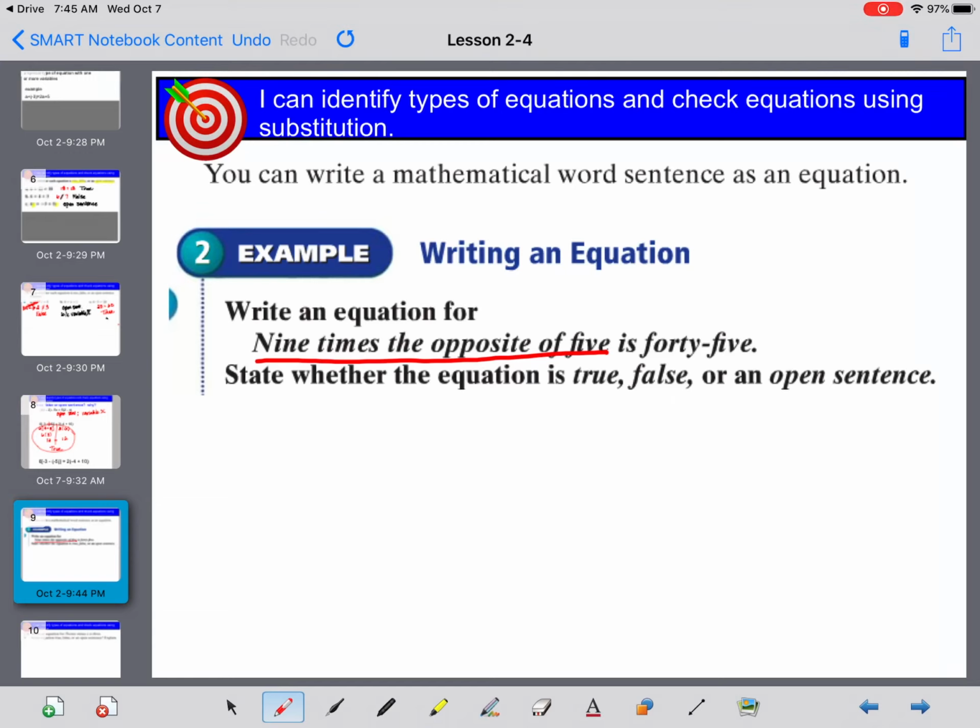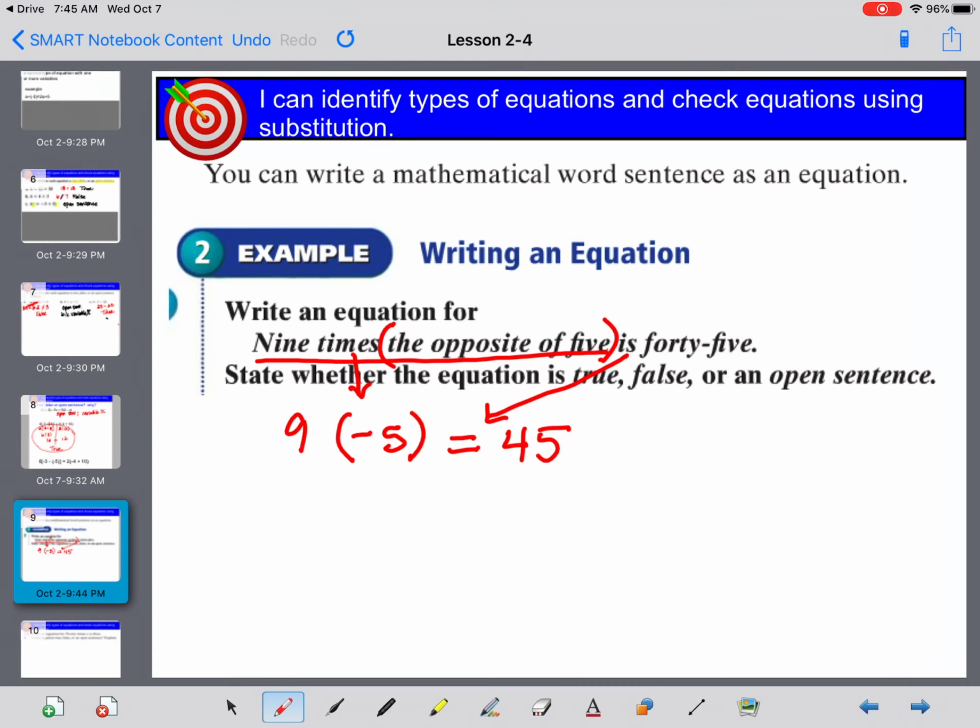9 times the opposite of 5. Okay, let's start in. 9 times the opposite of 5. Well, the opposite of 5 is -5. The word "is" always indicates an equal sign. And then 45. So 9 times -5 equals 45.